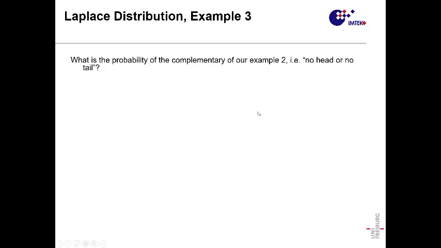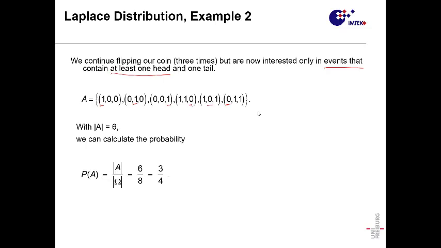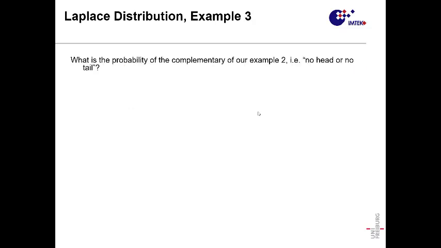So, what is the probability of the complementary of our example 2? The complementary of getting at least 1 and at least 0, what will that be? How can we do that, from what I hinted a few slides ago? If I want to calculate the complementary of example 2, what would you do? 1 minus the thing. There you go. Good.